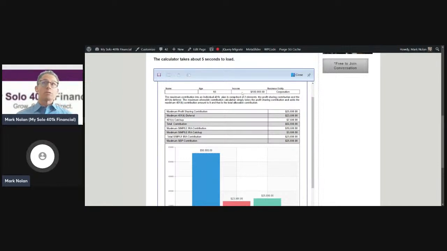So if someone who's age 50 or older, based on $100,000 of W-2 wages, they can contribute $56,000 in Roth contributions, consisting of the $25,000 employer Roth contribution, the $23,500 employee Roth contribution, and the $7,500 catch-up contribution.